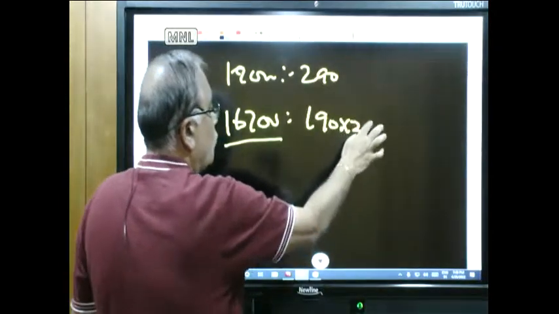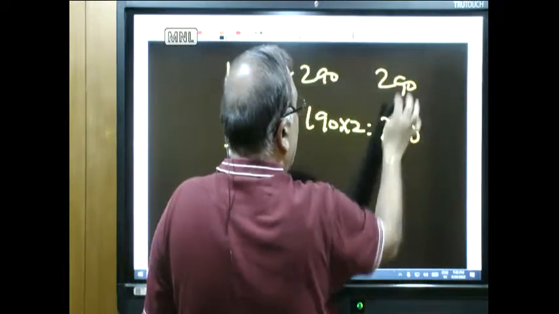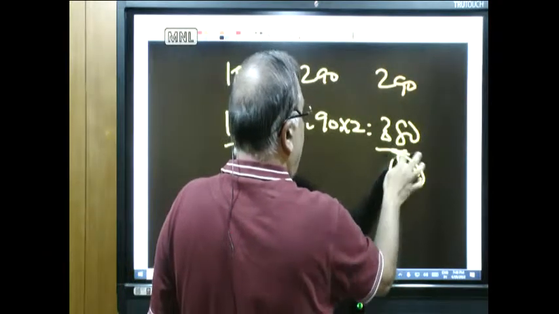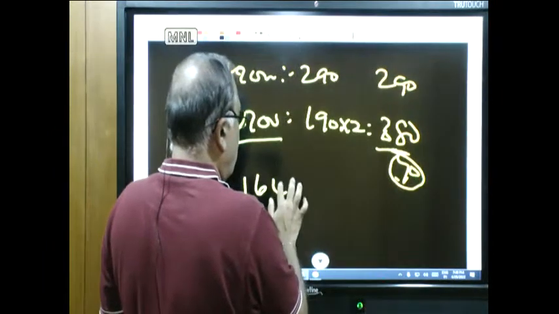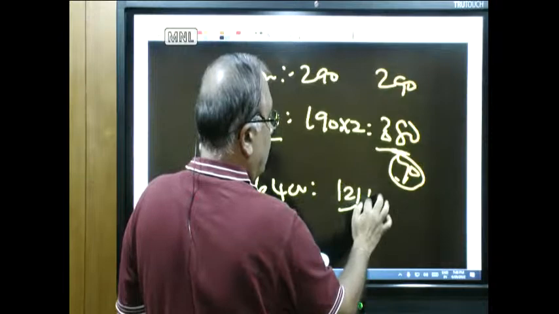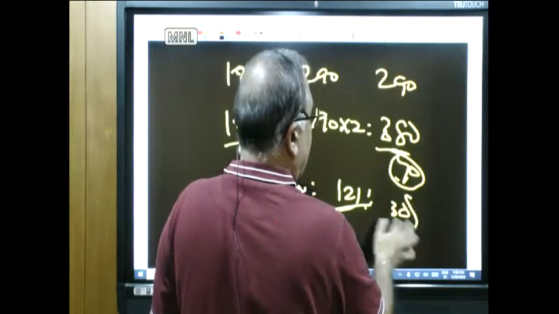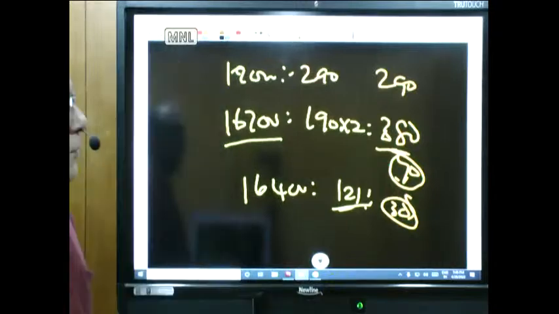So 190 into 2 is 380, against 17,000 at 290, so you get some 90 to 100 rupees there. The 16,400 is something like 121. So you will end up paying only something like 30 rupees or so.